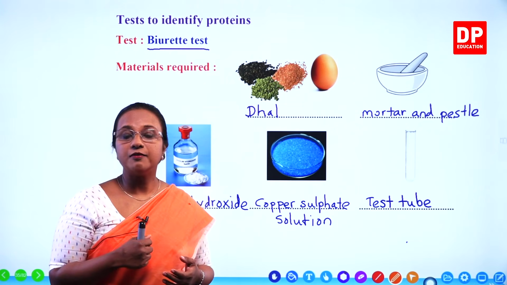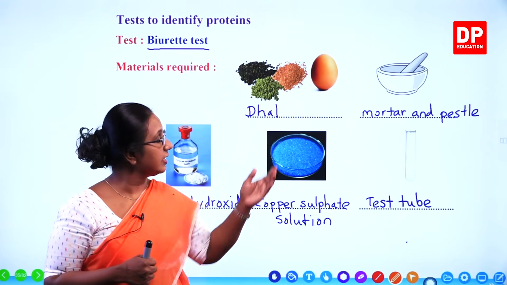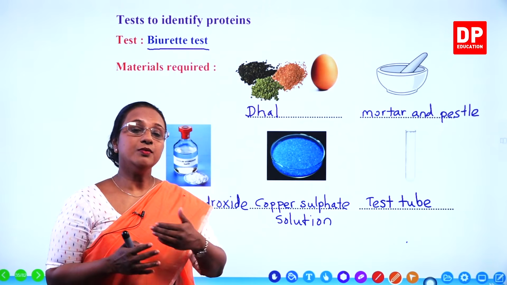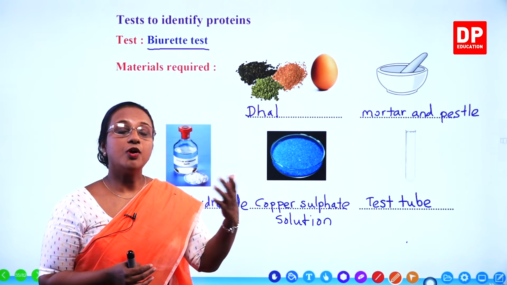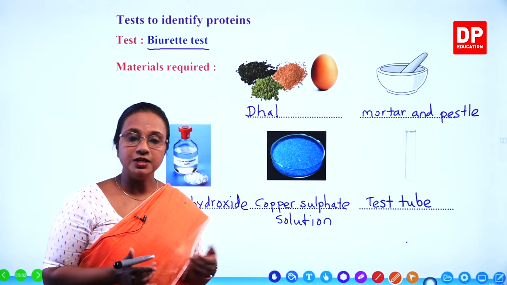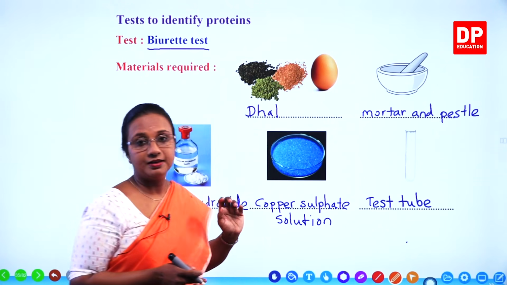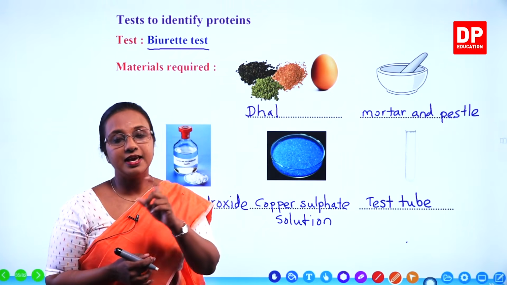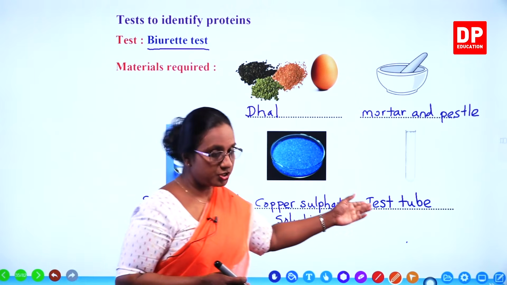Then you have to nicely grind the dal with water using the pestle. In order to facilitate the grinding, we can even soak the lentils in water for 2 or 3 hours or even overnight. But if we are using the egg, it's just a matter of breaking the egg and taking out the egg white separately into a test tube.